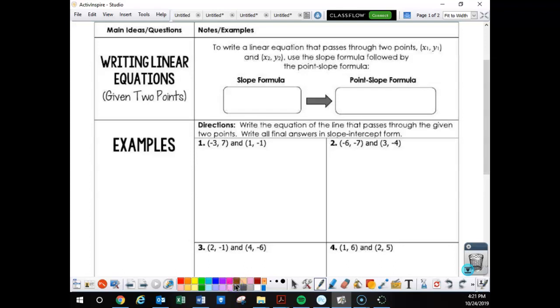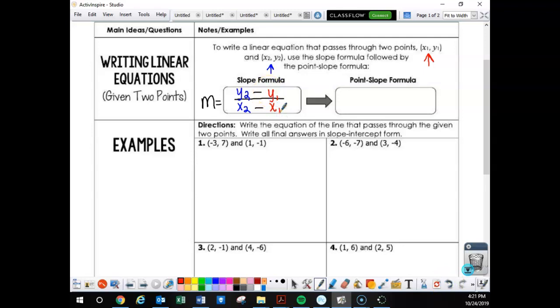And we've already done this before, and we've used our slope formula, right? M equals a big fraction separated by a subtraction. I have a point x2, y2, and a point x1, y1. Remember, the easiest way to do that is to put y2 over x2, and then y1 over x1.